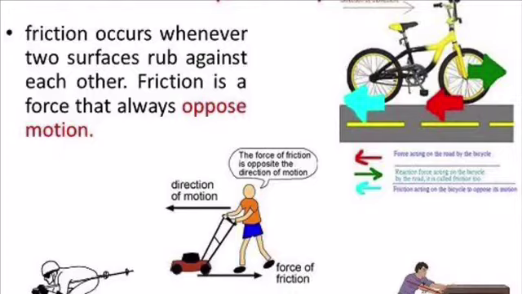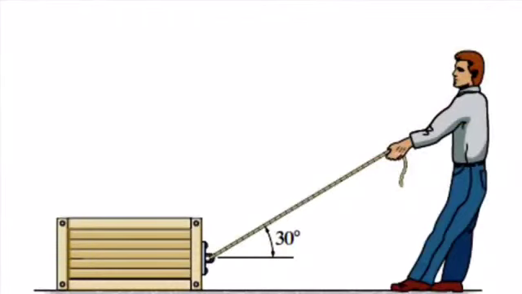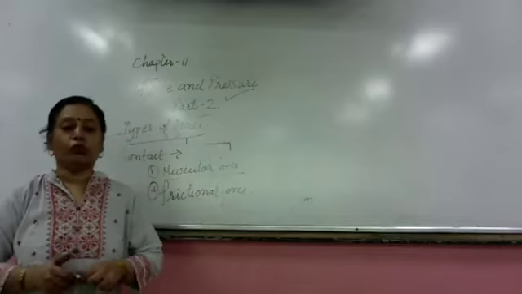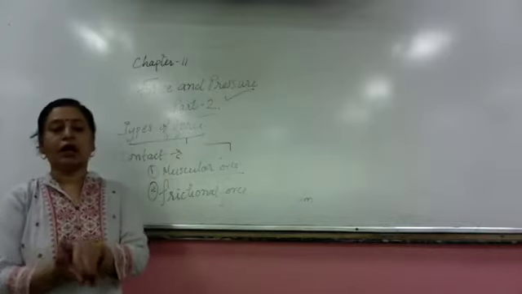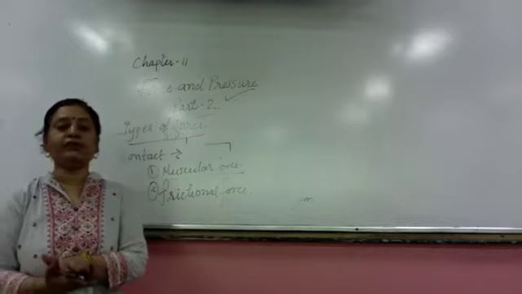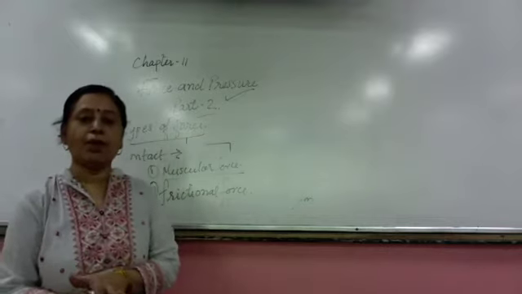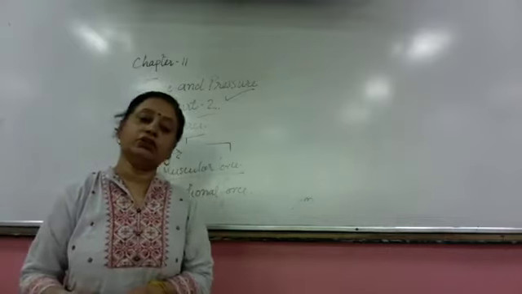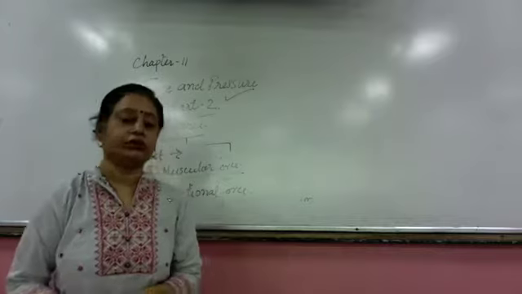You can see many examples here: the cycle is turning on the road, and the man is pulling the box on the floor. These are all examples of frictional force. The surface on which the object is lying applies the force. That force is called frictional force.